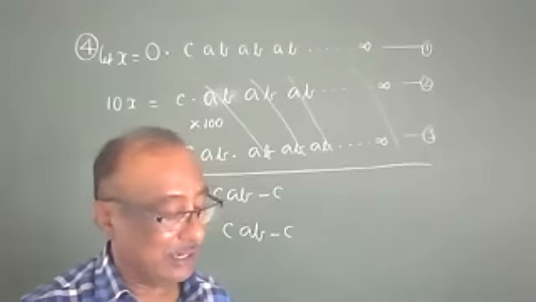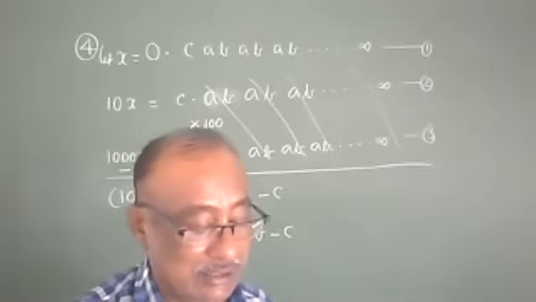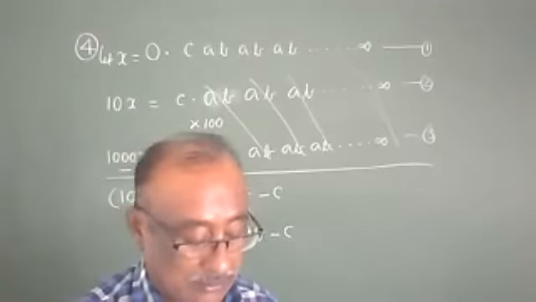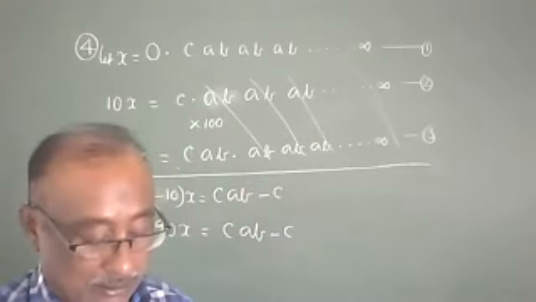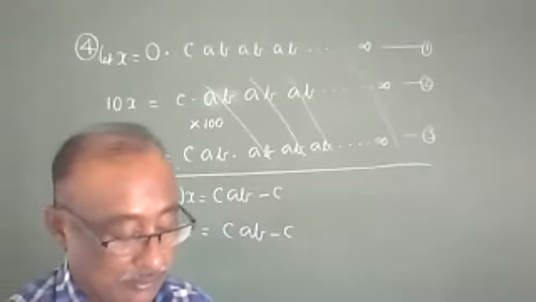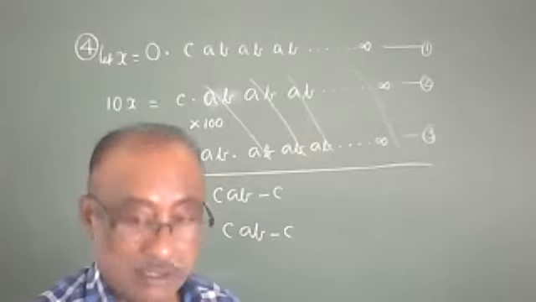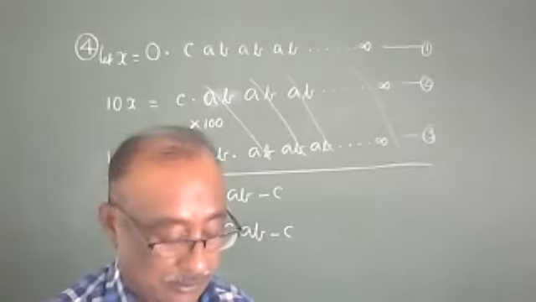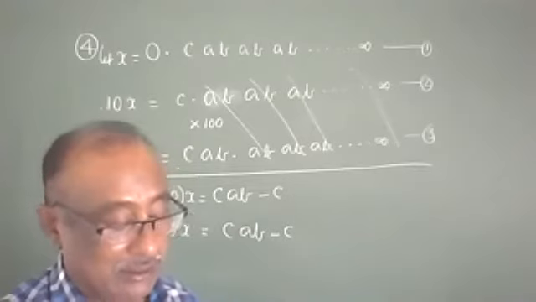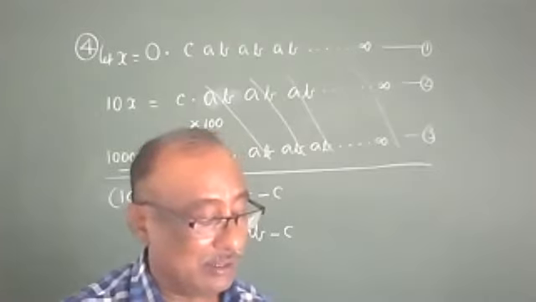Next, CAB minus C. CAB in place values: C is the hundreds place, A is the tens place, B is the unit place.